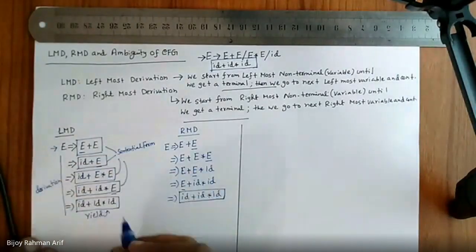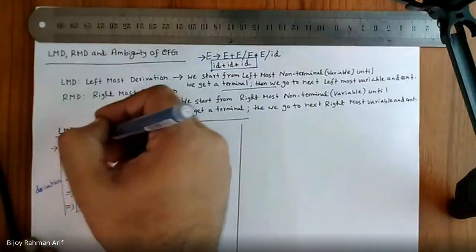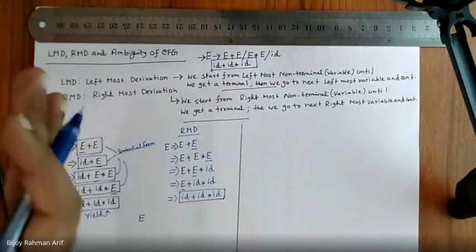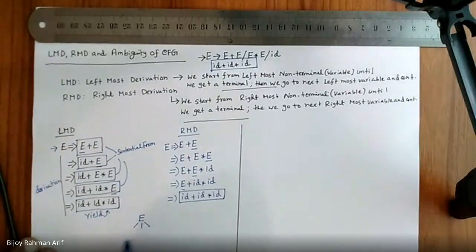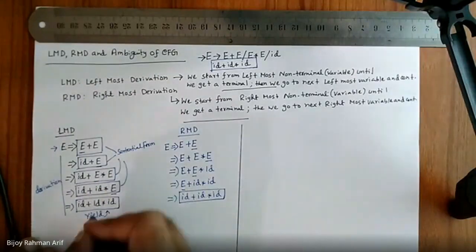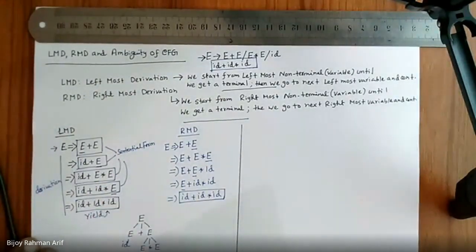The parse tree definitely starts with the start symbol, which is our root E. Then I put the first sentential form, E plus E. Then the second sentential form, where this becomes ID. Then the third, E star E. Then the fourth, putting in ID. Then the last, the yield, with ID.